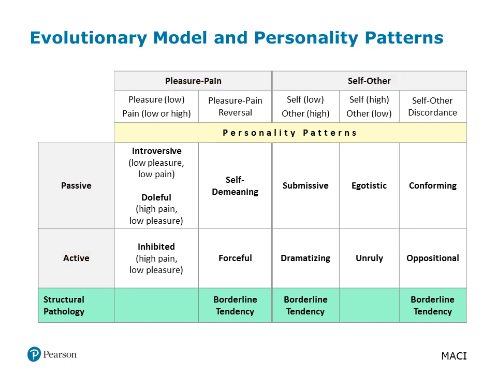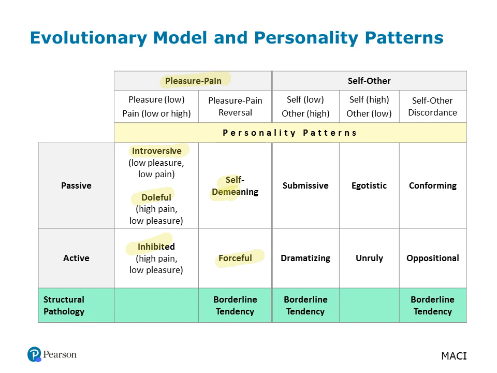So when you think about those 12 personality patterns, and I have them listed here, you will notice that the central feature of these personality patterns, introversive, doleful, inhibited, self-demeaning, and forceful, is this pleasure-pain polarity.